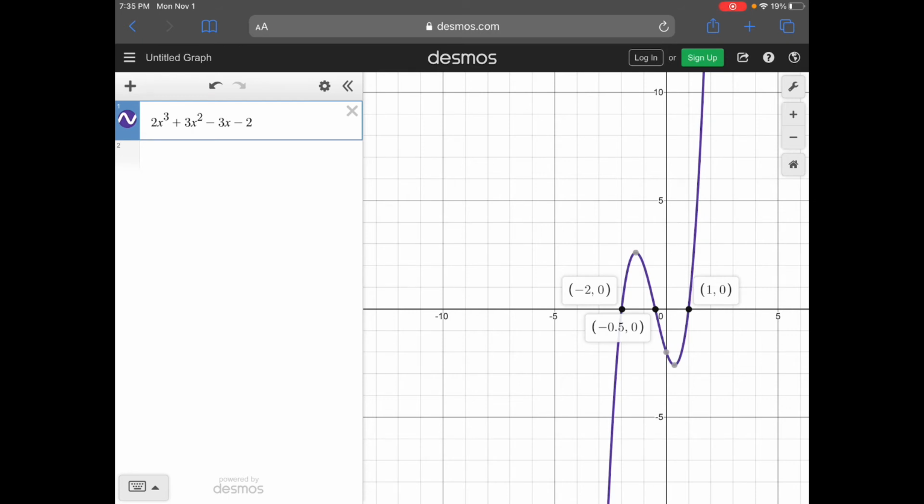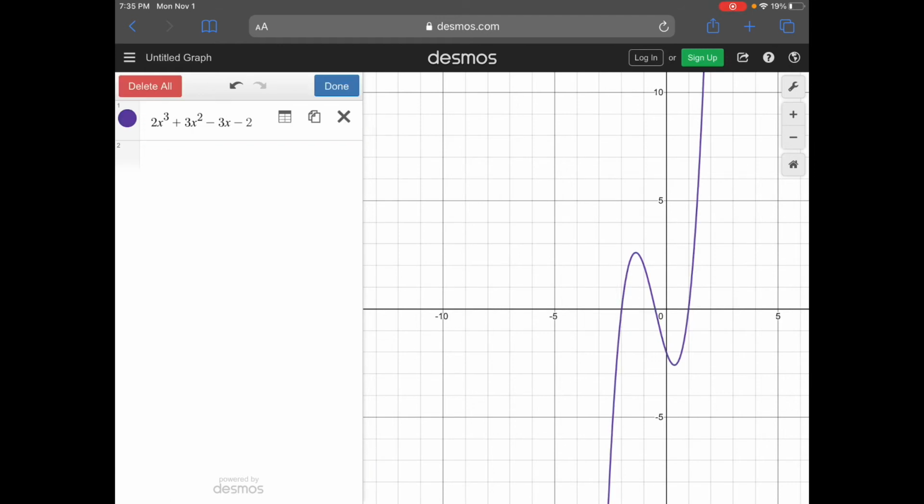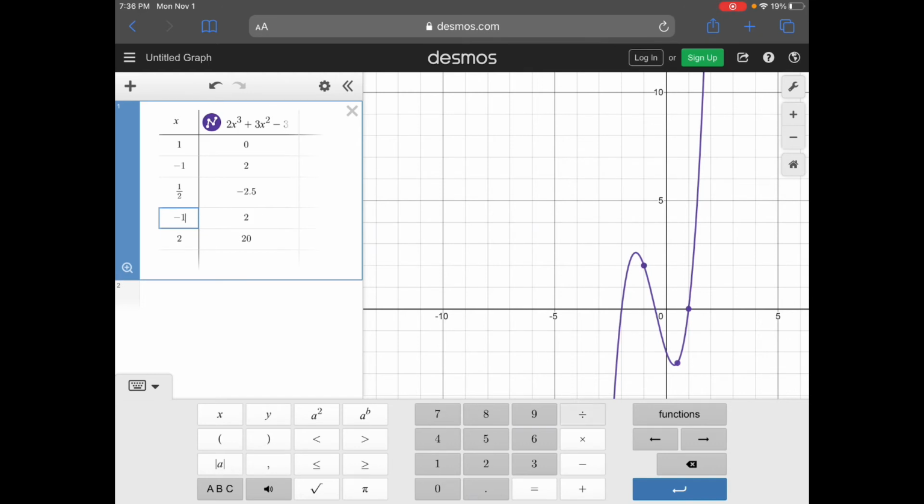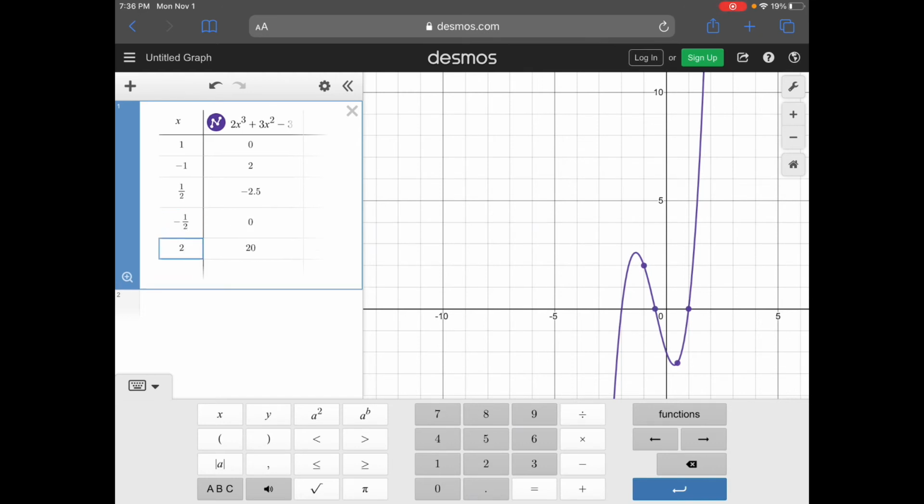Another way that can help me with this is I can look at my table of values and plug in my possible rational zeros. So my possible rational zeros were 1, -1, 1/2, and -1/2, +2, and -2.